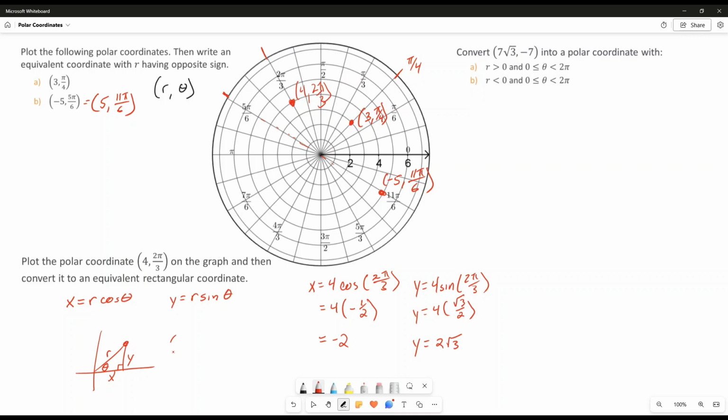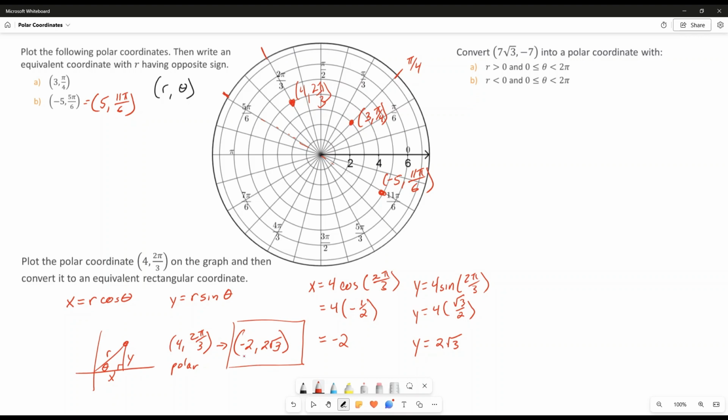So this polar coordinate (4, 2π/3) is equivalent to the rectangular coordinate of (-2, 2√3).